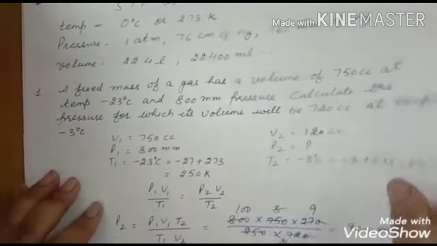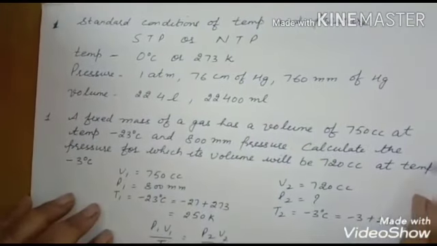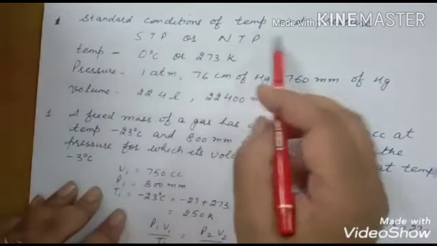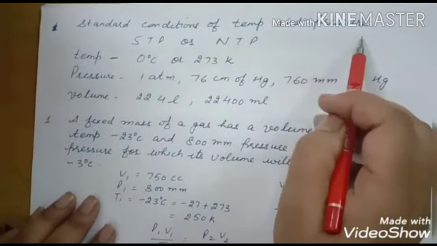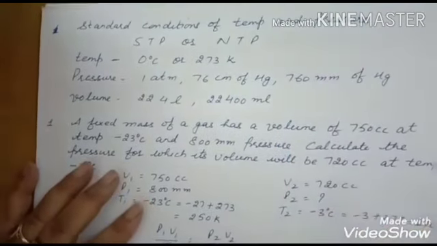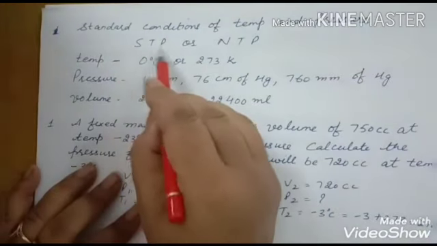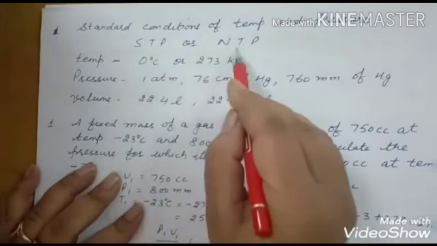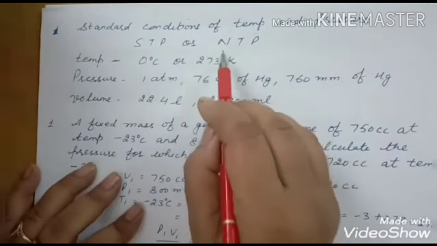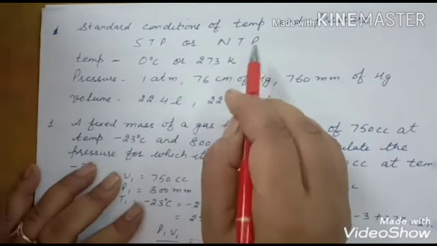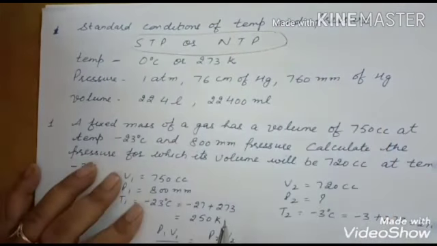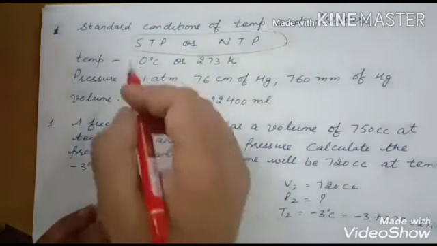Before going for the numericals, let me discuss what are the standard conditions of temperature and pressure, in short we call them STP, standard temperature and pressure, or NTP, normal temperature and pressure. Both are the same.